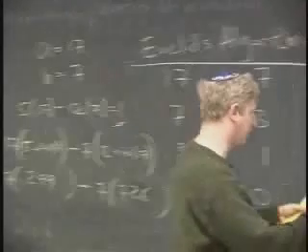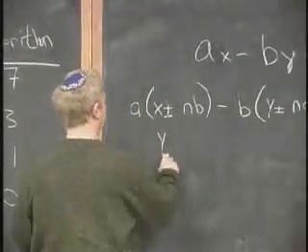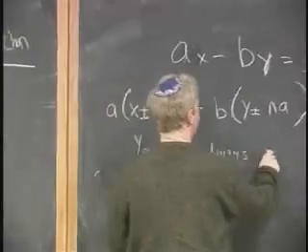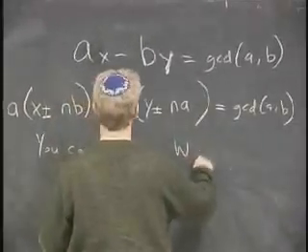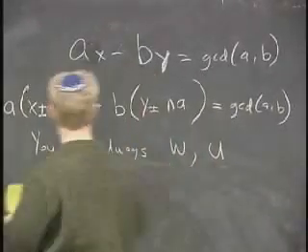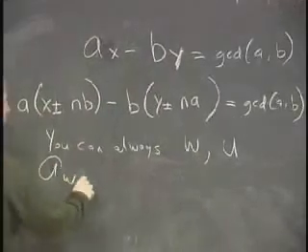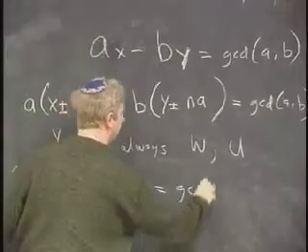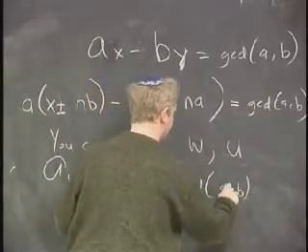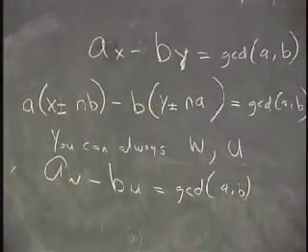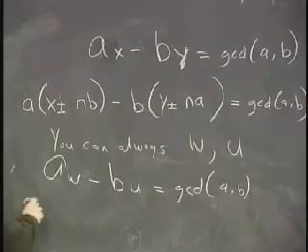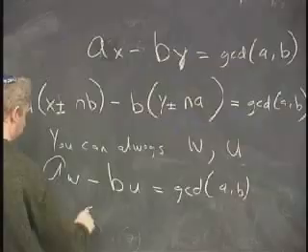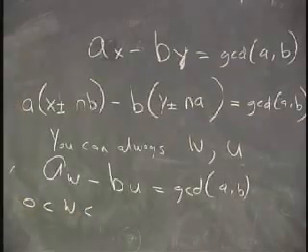So I'm going to write this out rigorously here. You can always pick, say, w and u, where aw minus bu equals the GCD. And I'm going to give you restrictions now on w and u. They're both positive. W is positive, and smaller than what?